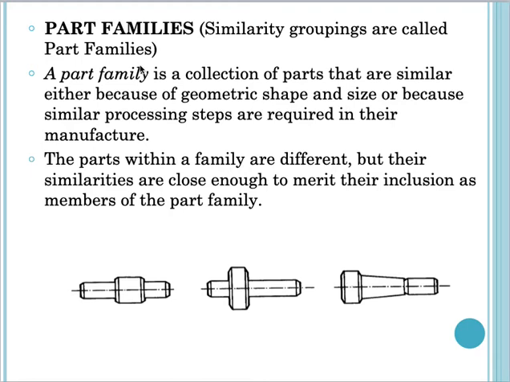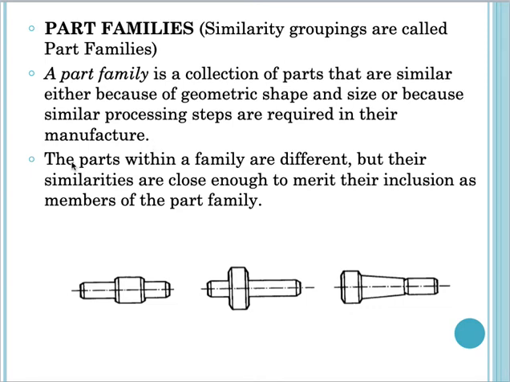Group technology and part classification and coding are based on the concept of part families. The similarity groupings are called part families. A part family is a collection of parts which are similar either because of geometric shape and size, or because similar processing steps are required in their manufacturing.